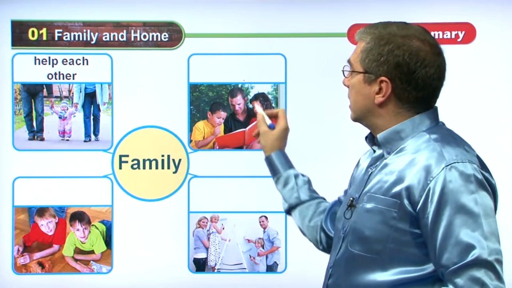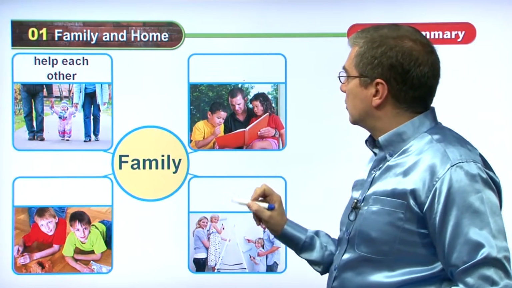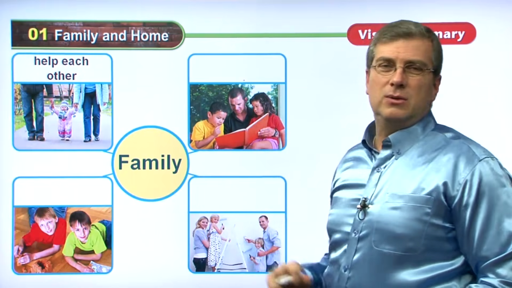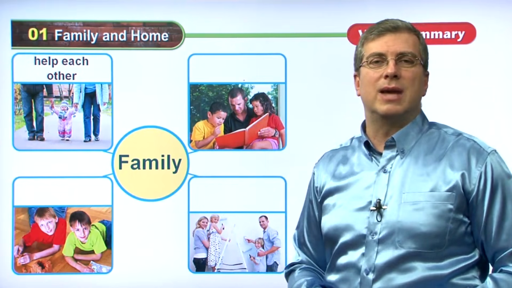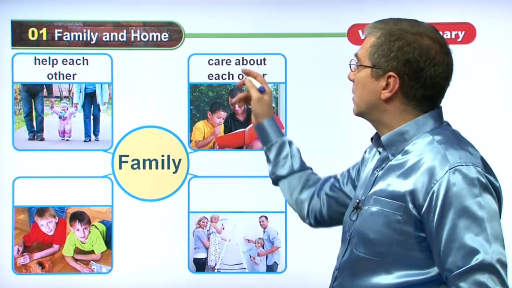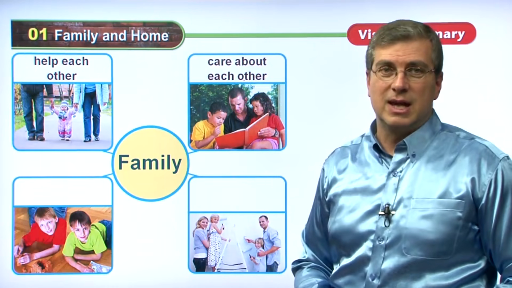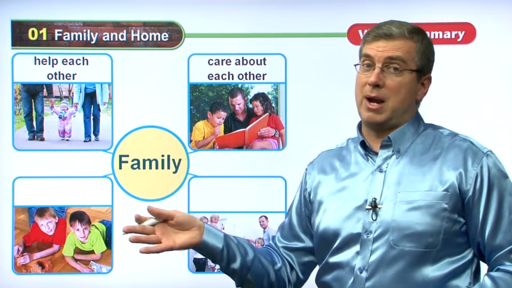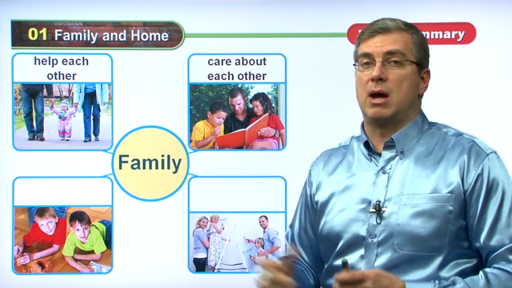Over here, here's the father. Looks like he's reading a book to his son and his daughter. And of course, why is he doing that? Why does he take the time to do that? Why is he paying attention to his kids? Because he loves them. So he cares about his kids. Parents, of course, care about their children. Children care about their parents. Everybody cares about each other.